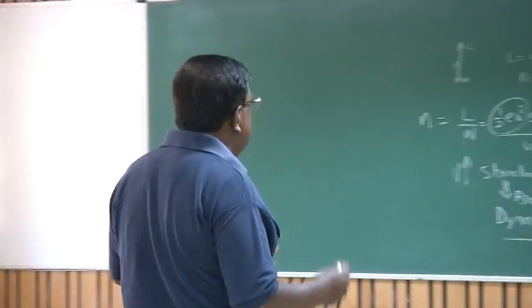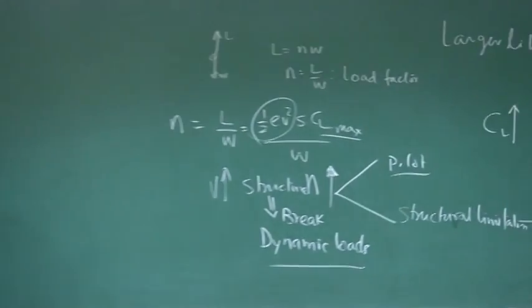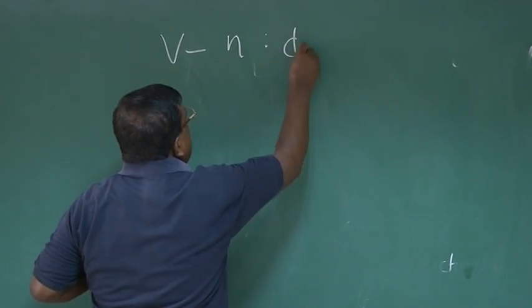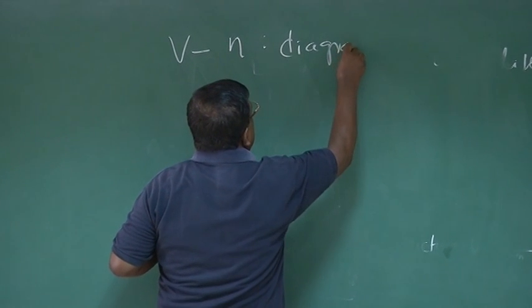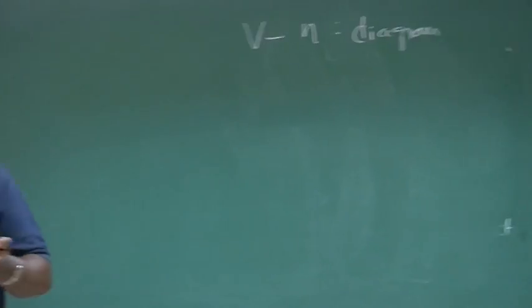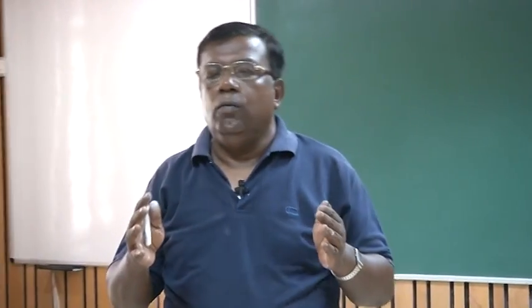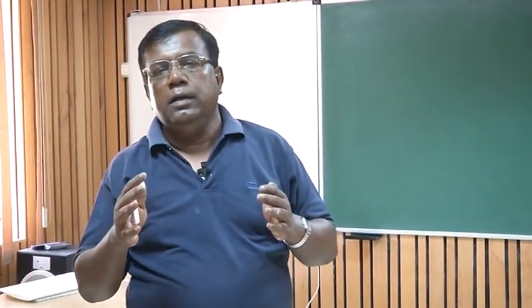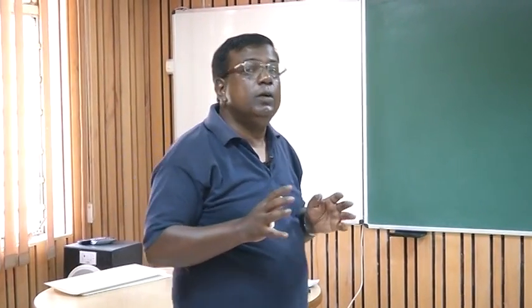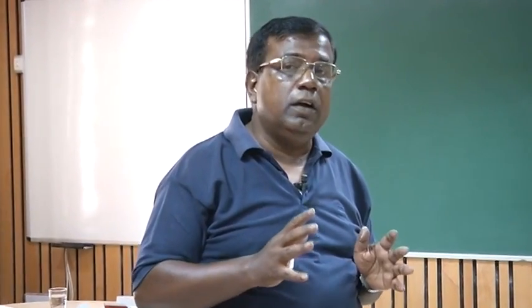Okay? So that is exactly what is called the VN diagram. That is what a typical VN diagram represents, right? For a pilot, when he sees a VN diagram, he knows what speeds he should avoid, what is the envelope he should know a priori because he goes for flight.